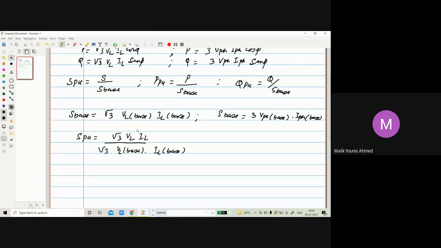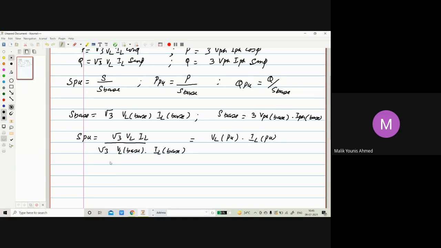Now root 3 gets cancelled. The actual value of VL divided by VL base will be VL in per unit. And similarly, the actual value of line current divided by the base value of line current will be IL in per unit. So this is how we will be approaching the per unit system.